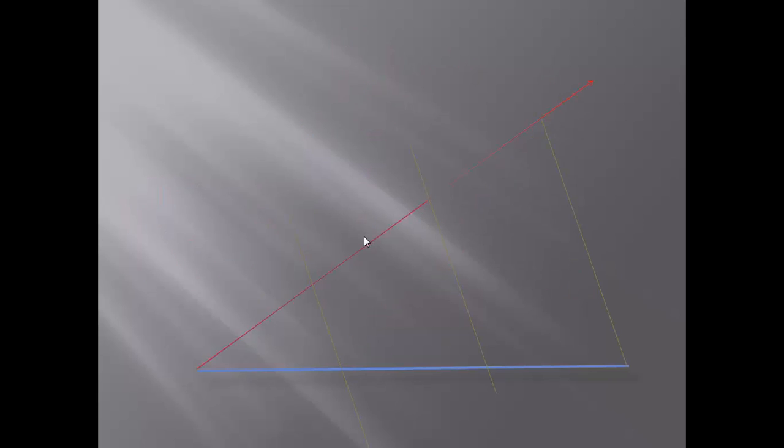In constructions, it helps us do a pretty important construction, which is trisection. So we make a first line, which we want to trisect, and then we make another line that is not parallel and comes out of the part. It's a ray.